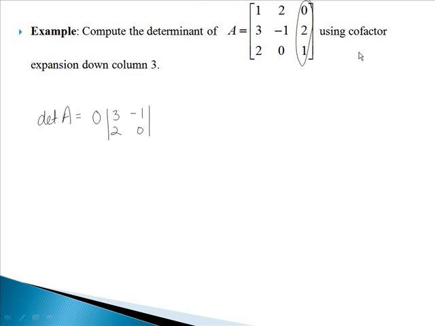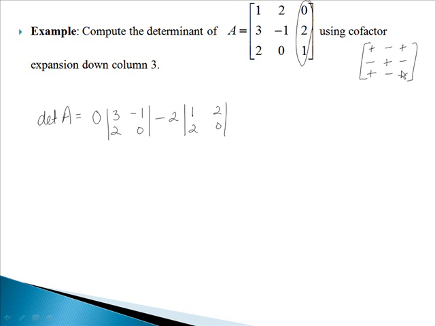And then remember my matrix of signs, this was a 3 by 3. So for my next entry, I have a minus sign going down. So we're going to subtract 2 times the determinant of the matrix that I get when I eliminate the second row and the third column, which is 1, 2, 2, 0.